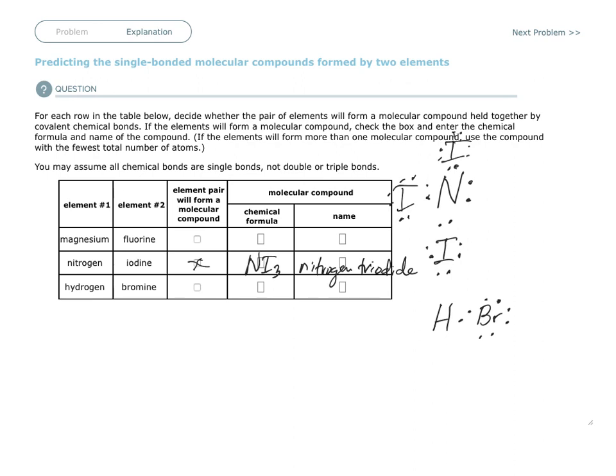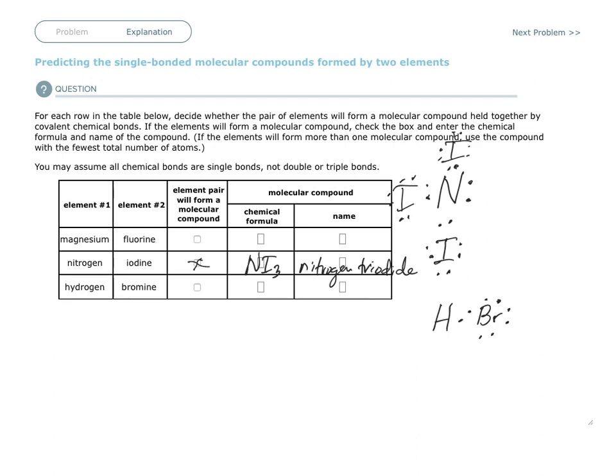So I only need one hydrogen and one bromine because here is a bonding pair. So it's the 2 counting for the hydrogen, and 2 counting for the bromine, and so I have 1, 2, 3, 4, 5, 6, 7, 8. So bromine has an octet, hydrogen has an octet, and so this will be the answer.